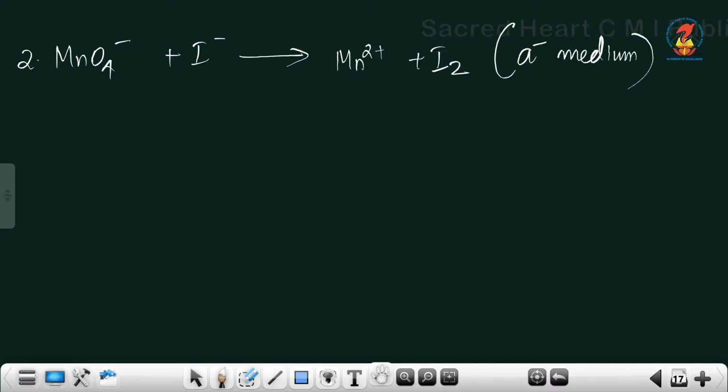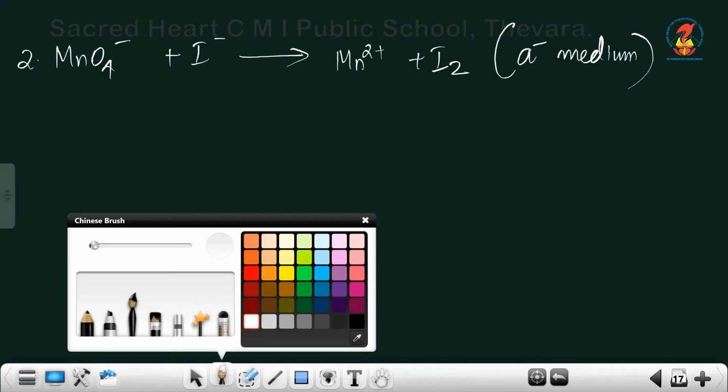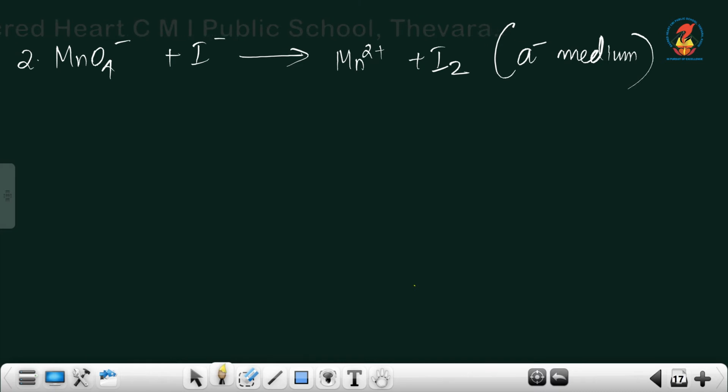Now, another unbalanced ionic equation is given, and we have to balance it in acid medium. For that, first we have to assign the oxidation numbers. Oxygen we know is -2, so -2 into 4 is -8. The sum should be -1. Manganese we can take as X, only one manganese, so X into 1 plus -2 into 4 equals -1.